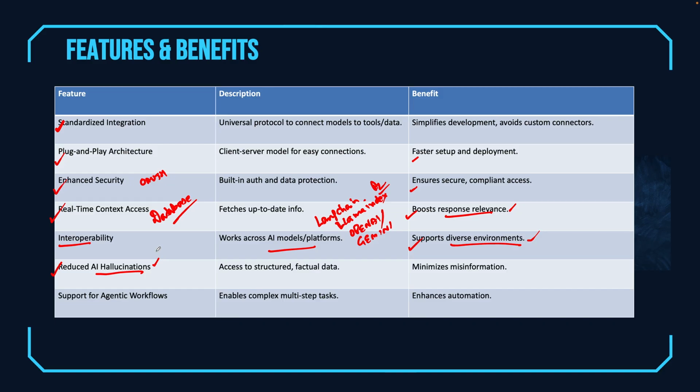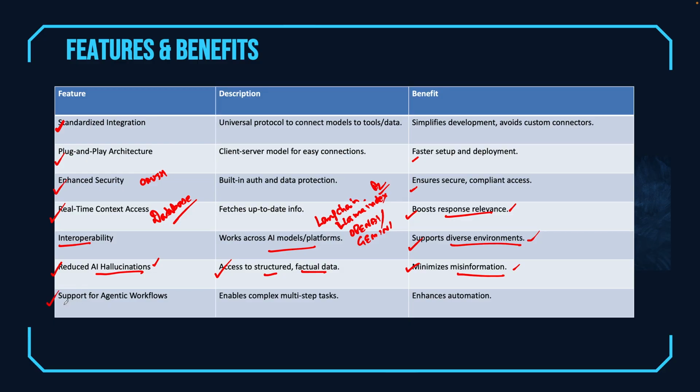This is where hallucinations came into the picture. Hallucination means the model is trying to think and respond based on its own trained data. That became a limitation or a problem with LLMs. But with MCP, because you are bringing in your own external data sources, even talking to databases, you have access to structured and factual data. No more hallucinations are happening, and the benefit is it minimizes misinformation. So you are much more informed now and you're not getting the wrong information.